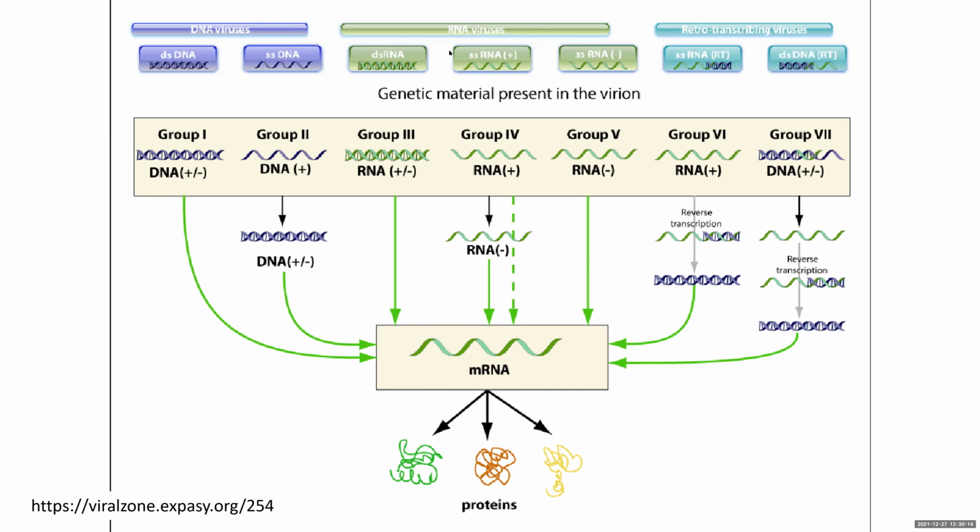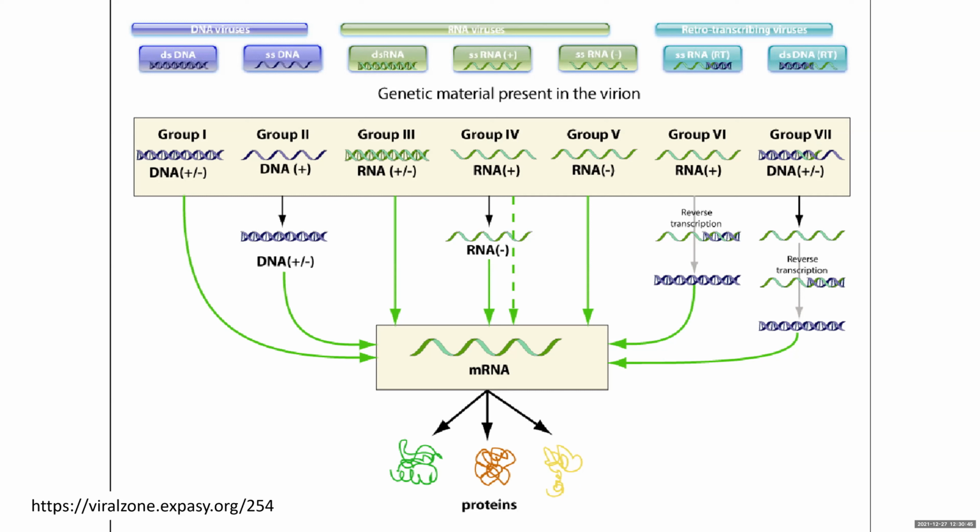All right, so DNA viruses can have their genome that is double-stranded or single-stranded. So little d, little s means double-stranded. You can see it in the cartoon there with the double helix, both sides. Single-stranded DNA. RNA viruses can have double-stranded RNA, right? That doesn't happen normally in living organisms. They can have single-stranded RNA that's plus.